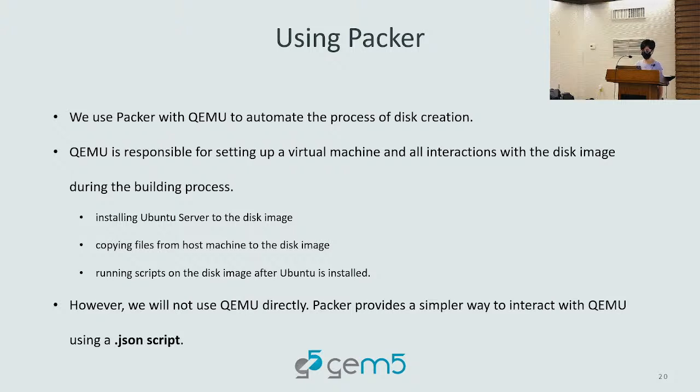For example, it installs Ubuntu to the disk image. Packer does not handle that. It copies the files, for example, your benchmarks, your bashrc, systemd, or any other shell script that you need to be run on your disk image into it. And again, it can run scripts on the disk image after you install Ubuntu on it.